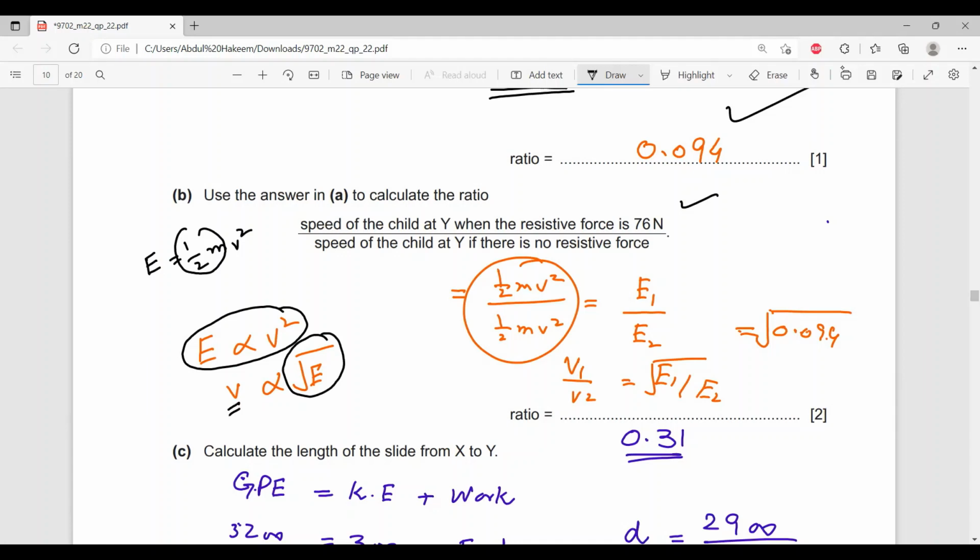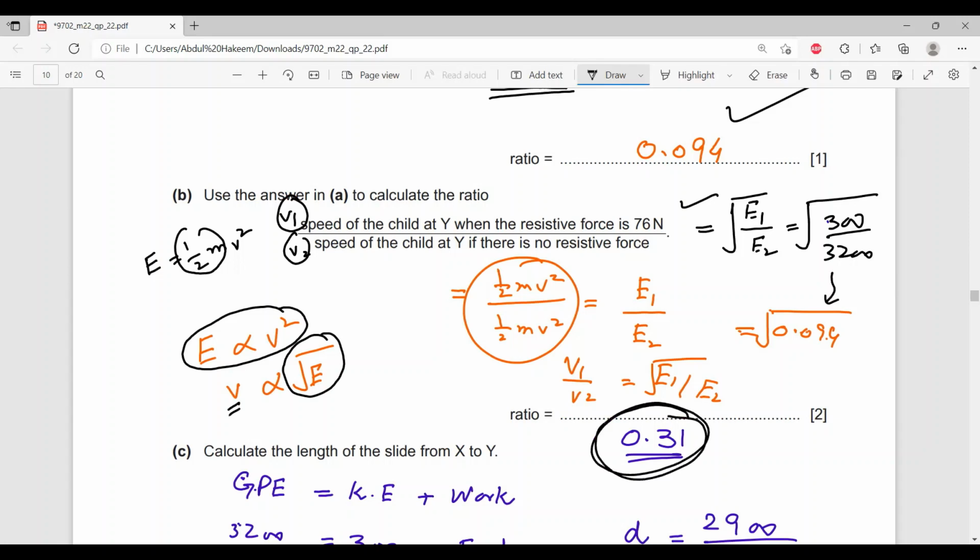So this speed, suppose v1, this speed v2, is equal to the under root of energy 1 over energy 2. So the under root of 300 divided by 3200. When you calculate this, you will get the answer 0.31.